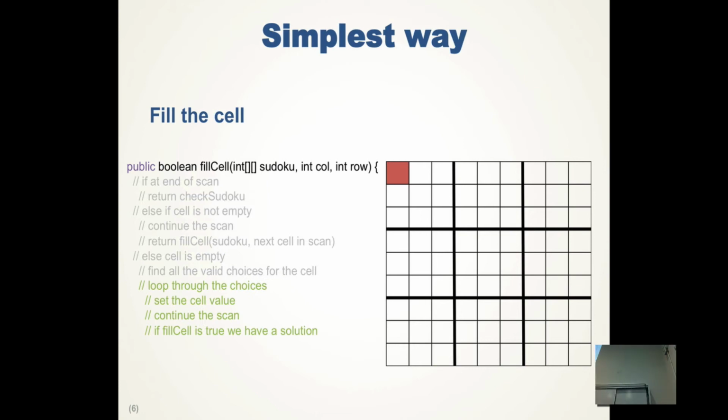I set the cell's value to whatever that particular choice is, and then I continue my scan. I check the return value of fill cell, because if it's true, I found the solution, and I return true. If it's false, I can't return false because I have some other choices I could choose.